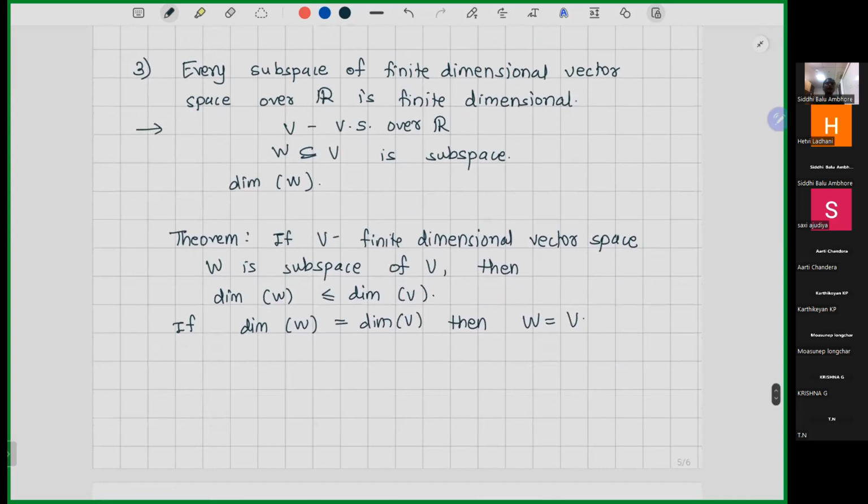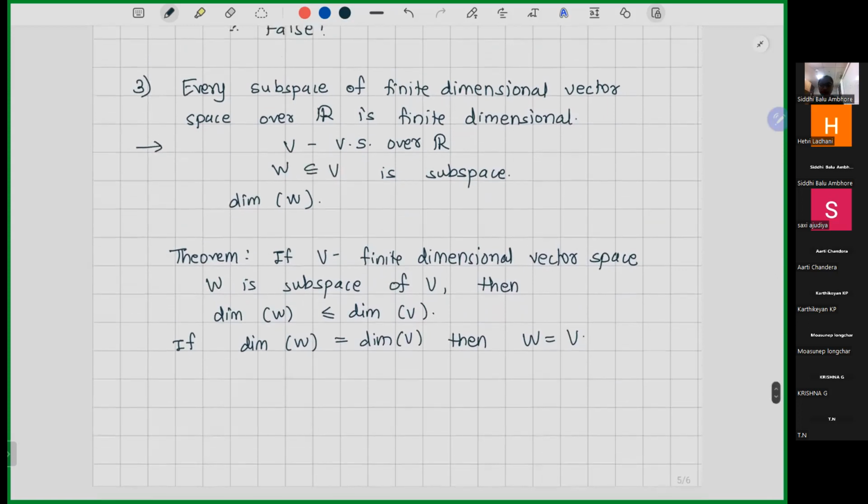From this theorem, we can directly say that any subspace of a finite dimensional vector space has finite dimension. But this is not the case when our vector space V is infinite dimensional.